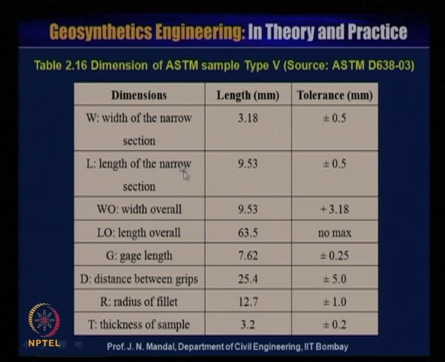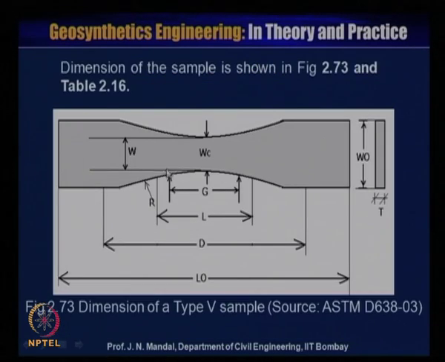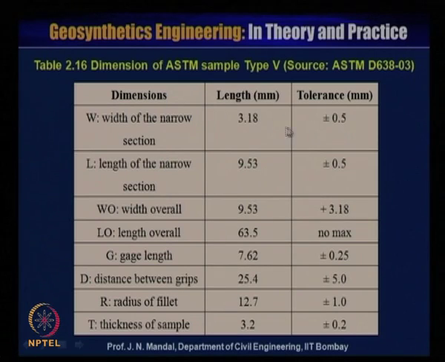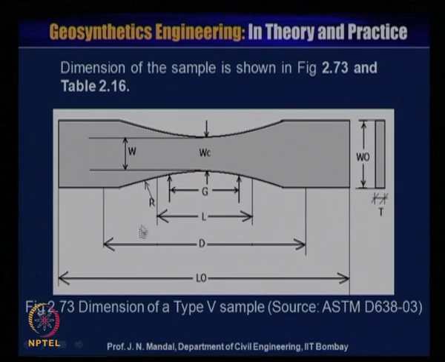You can see that W is the width of the narrow section, whose value is 3.18, with some tolerance of plus minus 0.5 millimeter.